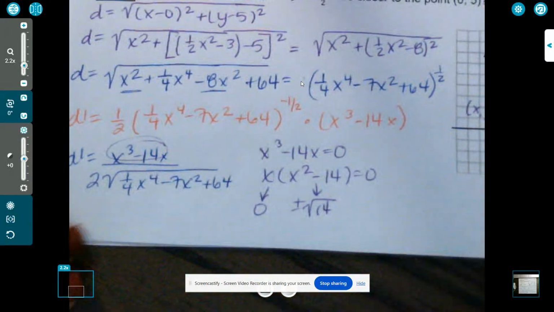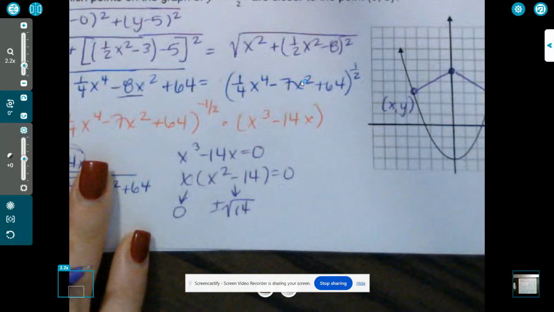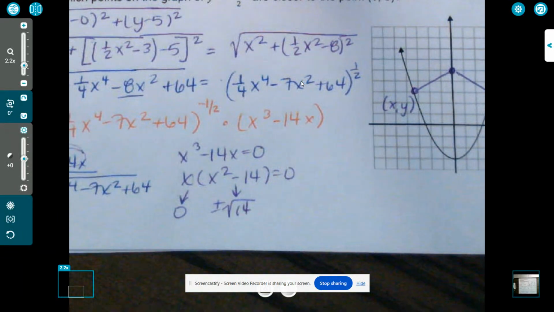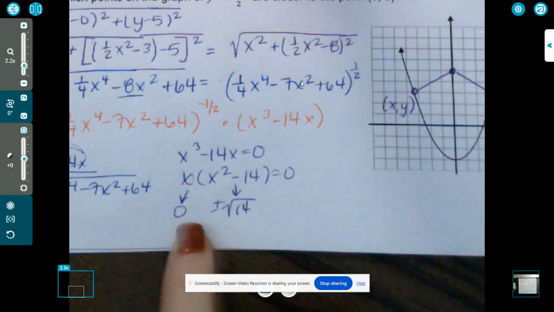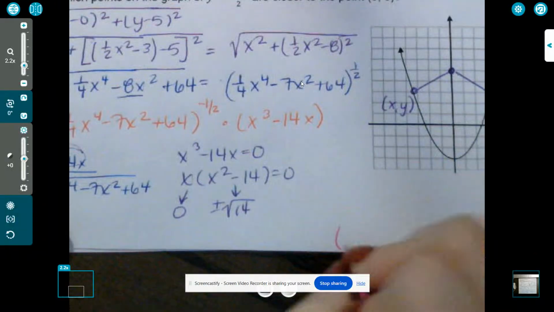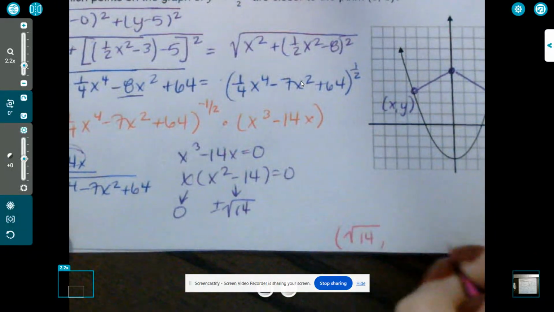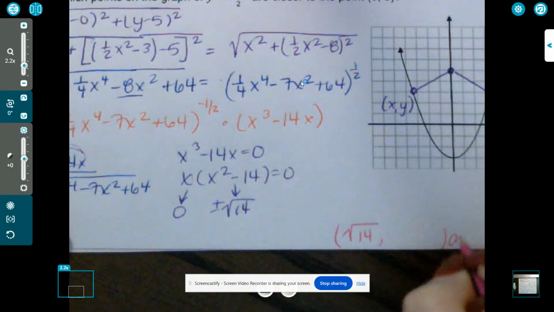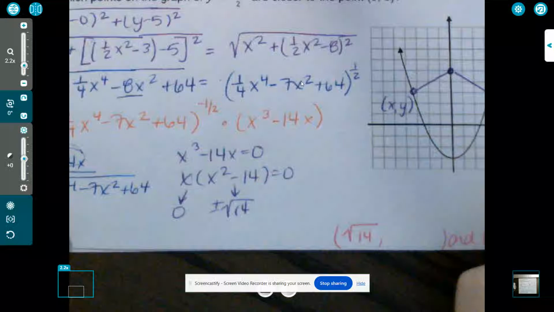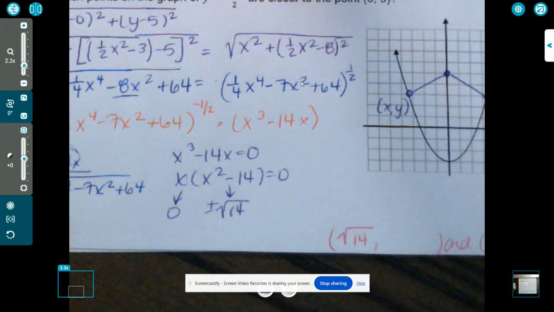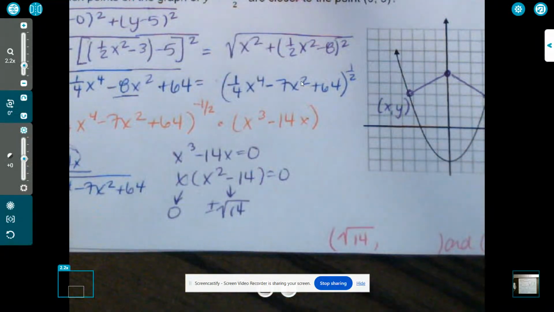So that gives me 0 and plus or minus the square root of 14. So I've got my x values. 0 doesn't matter. So our x values are going to be the positive square root of 14 and the negative square root of 14. And now I need to find my y's. They gave me y up here. So I'm just going to plug in for that.